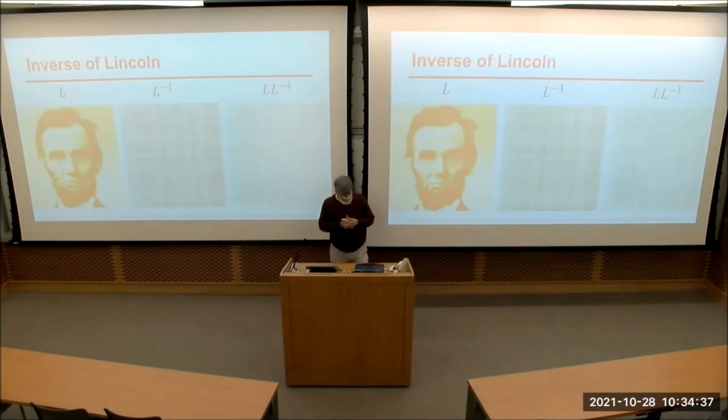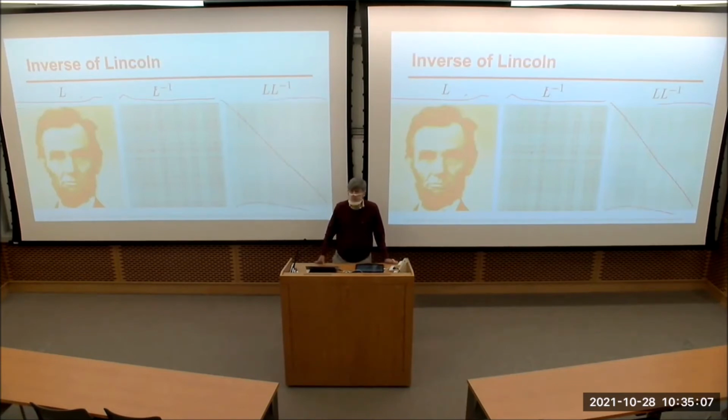So what does the inverse of Lincoln look like? Okay, when I took a look at Lincoln, this was the inverse. I don't really see anything there. But what happens when I multiply Lincoln by his inverse? What do I get? If you look at it, I get a main diagonal of 1s, and I get this weird pattern underneath it.